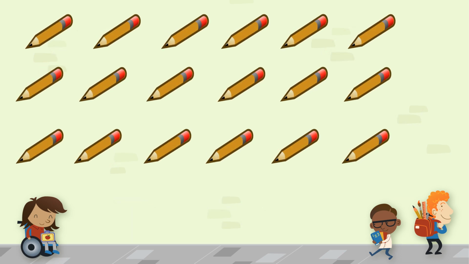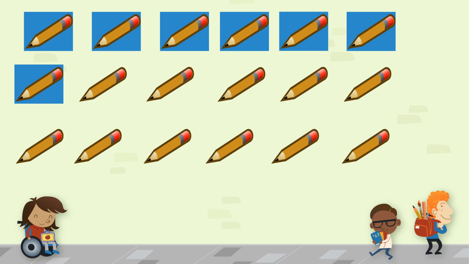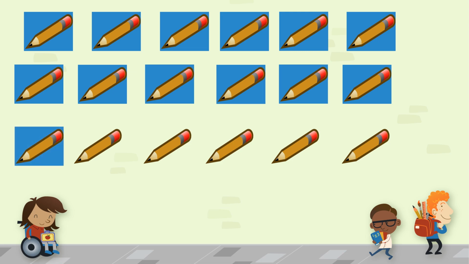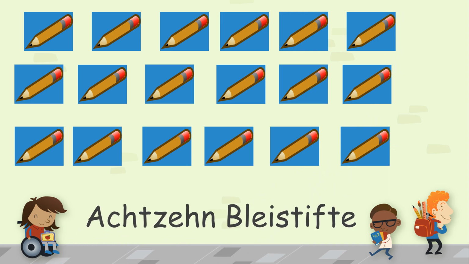Which object do you see here? Bleistifte. Let's count the number of Bleistifte. 1, 2, 3, 4, 5, 6, 7, 8, 9, 10, 11, 12, 13, 14, 15, 16, 17, 18. 18 Bleistifte.